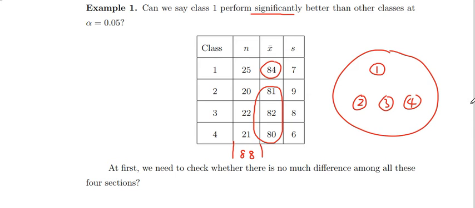So even though we have some evidence, this evidence is not strong enough. Okay, so we finish example 1. This is a typical problem for comparing many samples.